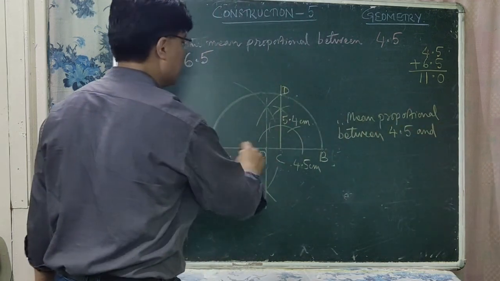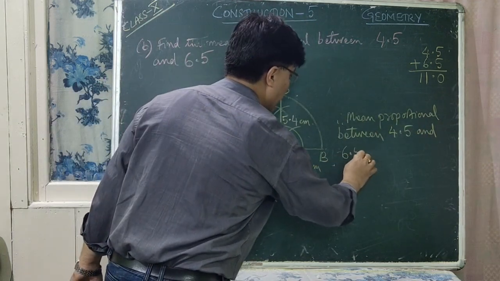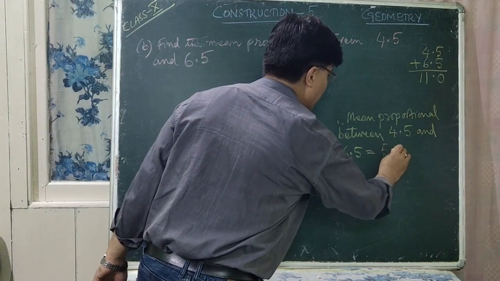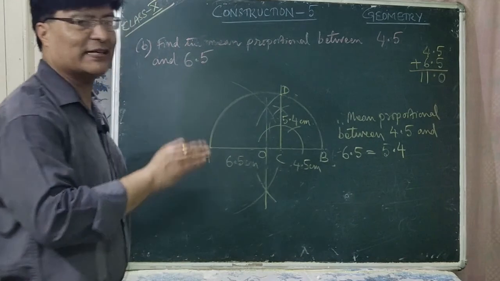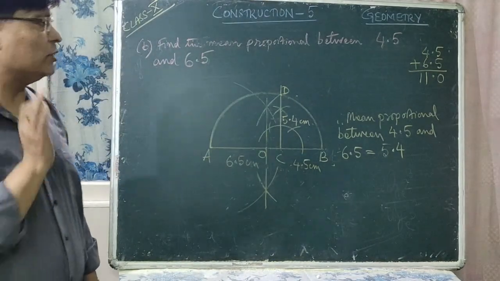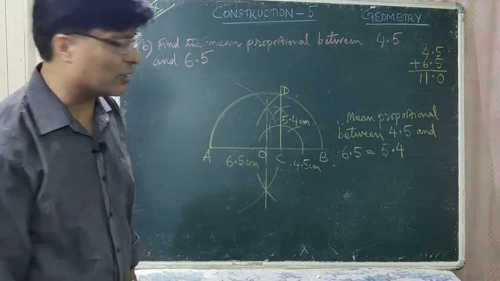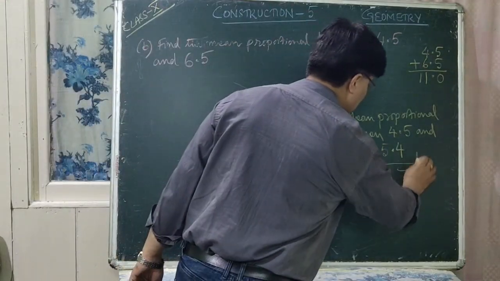It is only 5.4, and you can't write down the unit. Don't write the unit here as centimeter. So only 5.4 is written out there. So this will be the answer.